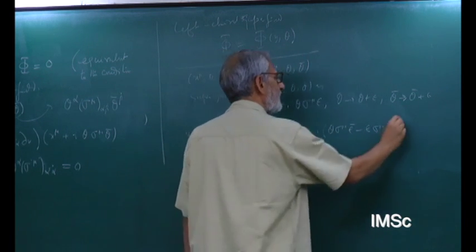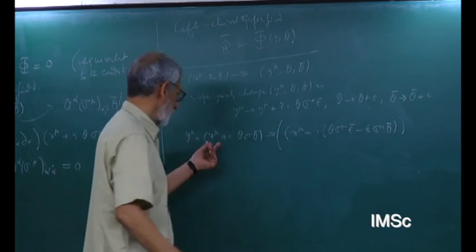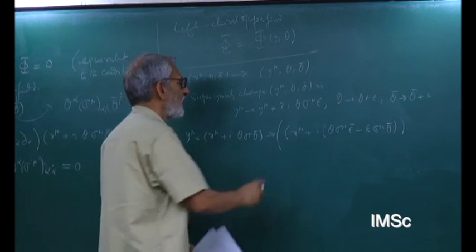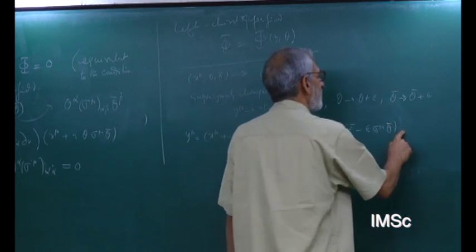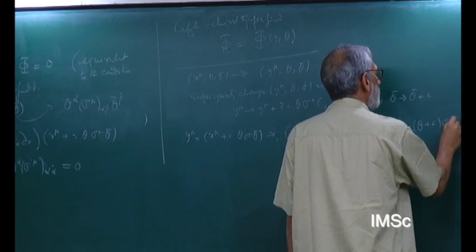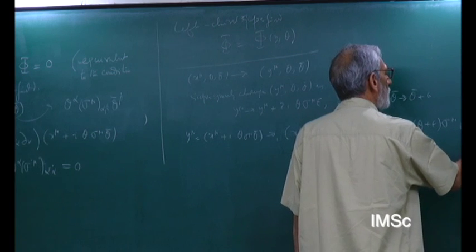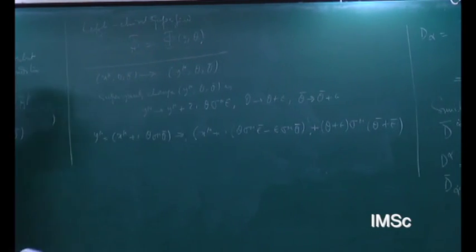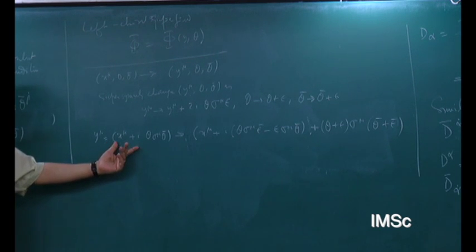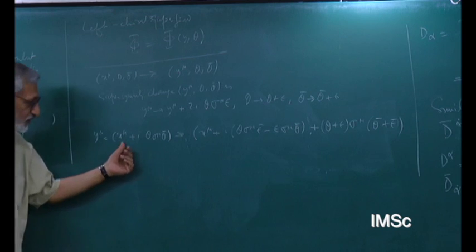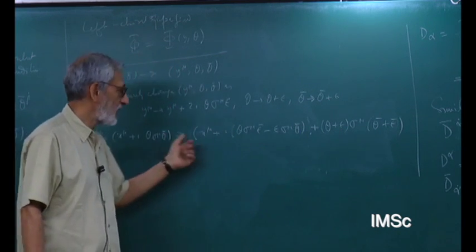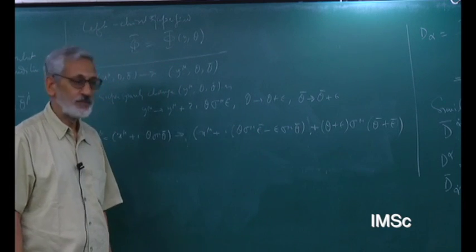That's how x mu transforms, and theta transforms as theta plus epsilon, and theta bar as theta bar plus epsilon bar. Under supersymmetry, it's a translation in superspace. x transforms by this amount, theta transforms like this, theta bar transforms like this. Expand this out.